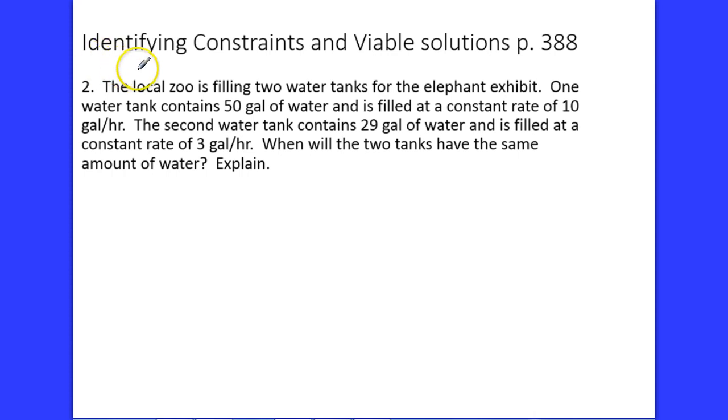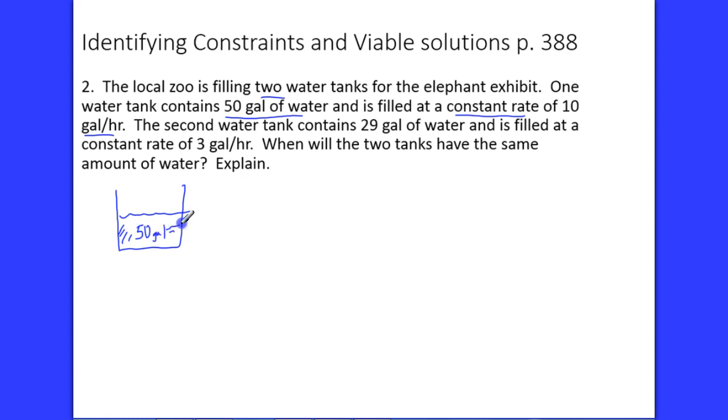In this question, there is a local zoo that's filling 2 water tanks, and one of the water tanks contains 50 gallons of water, and it's filled at a constant rate of 10 gallons per hour. One thing I suggest you do whenever you can in these problems is sketch a picture. This picture is showing what they're telling me here. In this tank they already have 50 gallons of water.